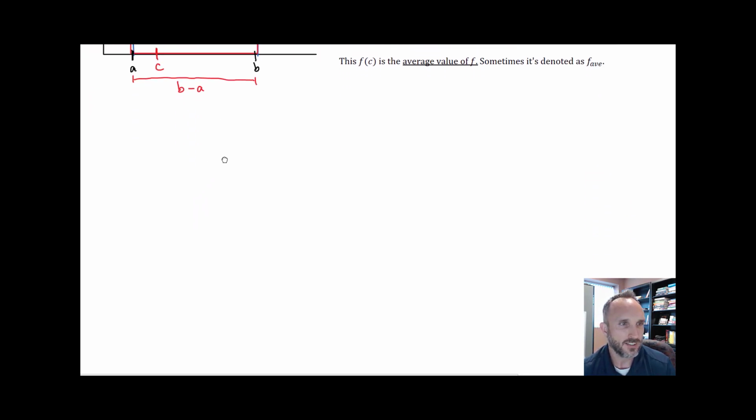So let's do an example here. Let's say we'll do a couple things. Consider the function f of x equals x squared, right?